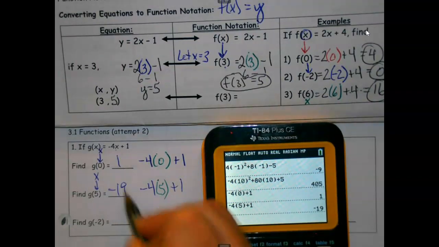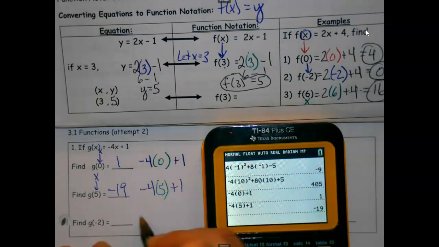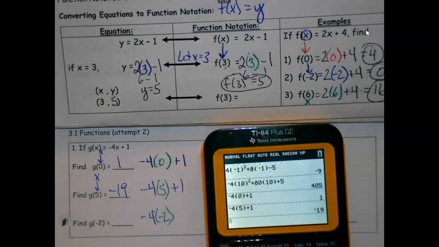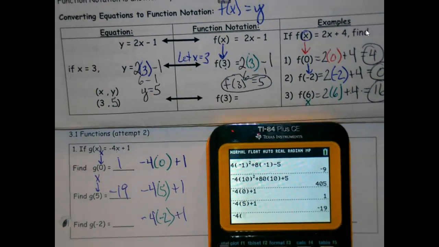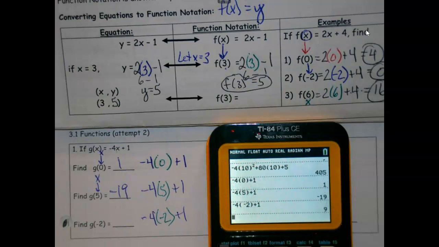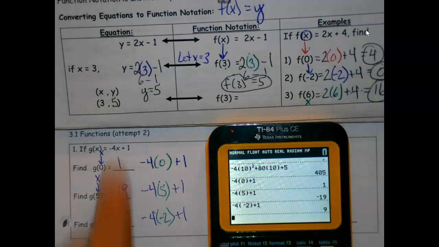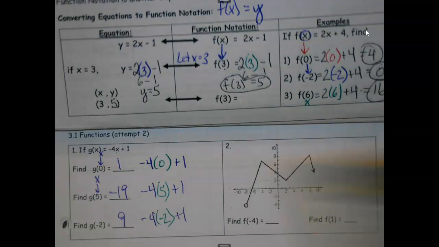Let the calculator help. -2, you know what we're going to do. So all this funky notation means is plug the number in the parentheses in for x, tell me what the answer is, and you're good. Nothing too shabby. We got examples.